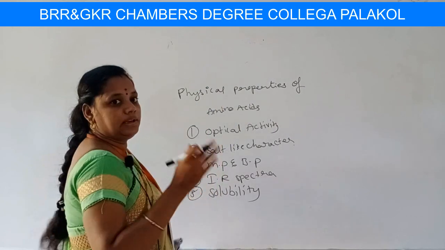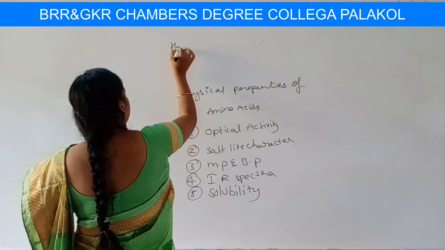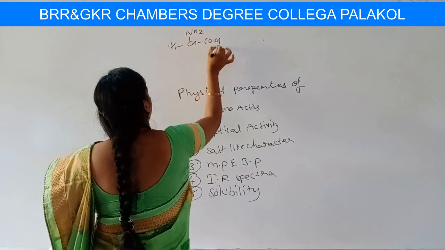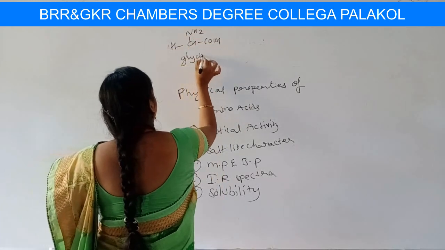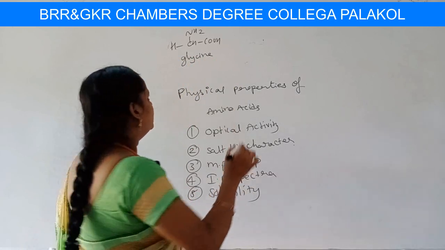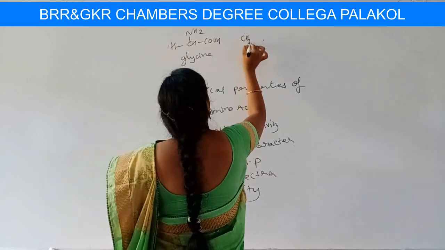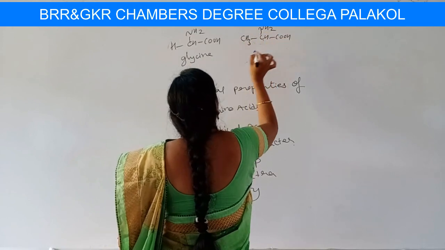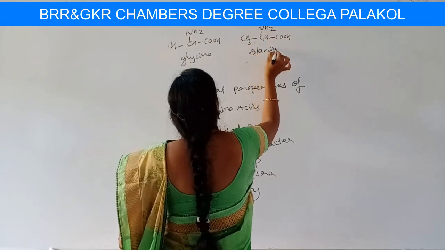For example, glycine: H2N-CH2-COOH is the structure of glycine. Right students? Alanine: CH3-CH(NH2)-COOH is the structure of alanine.